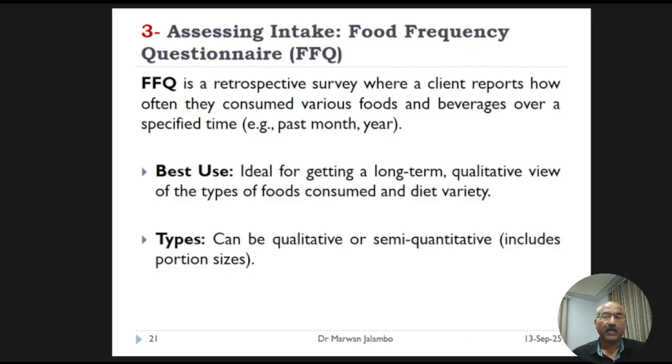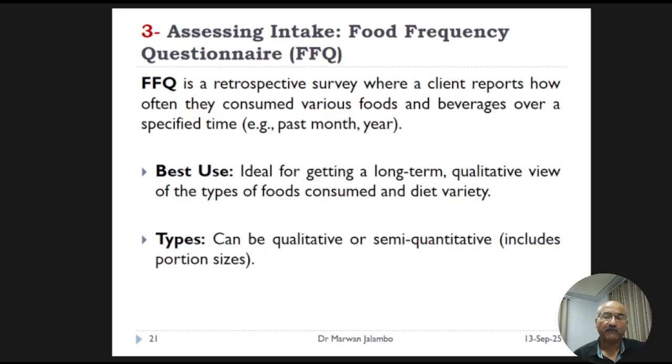If you look at this example, you can see the format for each food item, like red meat, fish. Clients check a box ranging from daily and gradually going to never eat. This method is excellent for getting a long-term qualitative overview of a person's typical dietary patterns and variety.